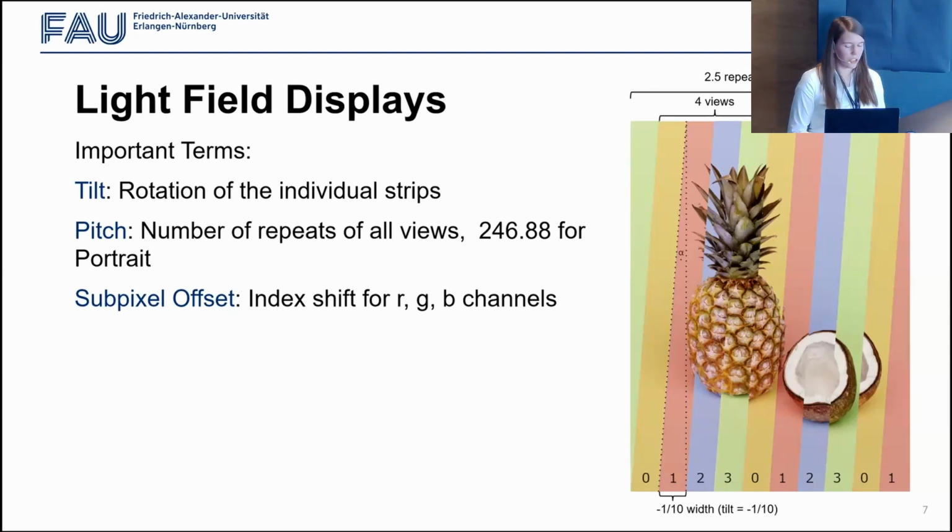This offset is usually just an index shift for the red, green, and blue channels. For the red channel, we start off with index 0 in the bottom left corner. For the green channel, we, for example, start off with index 1 in the bottom left corner of the image. And for the blue channel, we start off with index 2 in the bottom left corner. The subpixel offset is important for later.